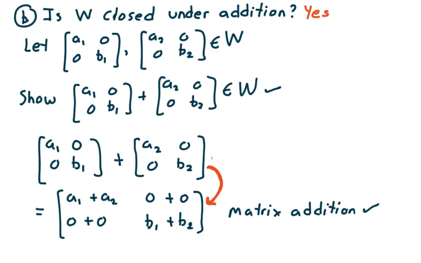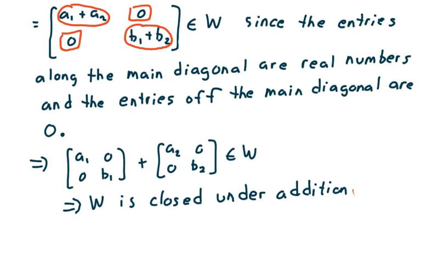By matrix addition, and this is probably the most important step to this proof, this is equal to the matrix [A1 plus A2, 0 plus 0; 0 plus 0, B1 plus B2]. So again, this is matrix addition. Now, this is equal to the matrix [A1 plus A2, 0; 0, B1 plus B2]. This matrix belongs to W. Why?